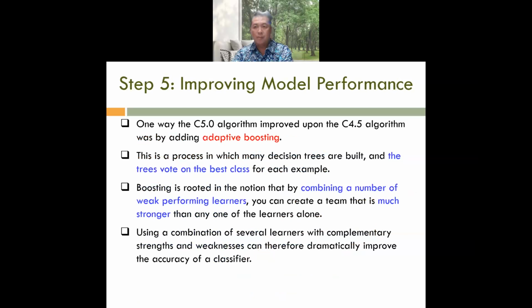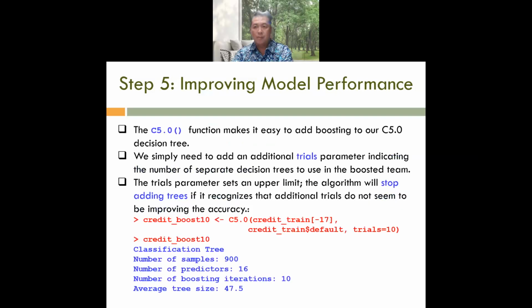Okay, so how do we improve them? We could have one tree, and if we combine it with other trees, it becomes a random forest. So we could improve by combining a number of weak performing learners or trees. We can do the same here. We add this parameter, trials, meaning that we will build the model using 10 decision trees.